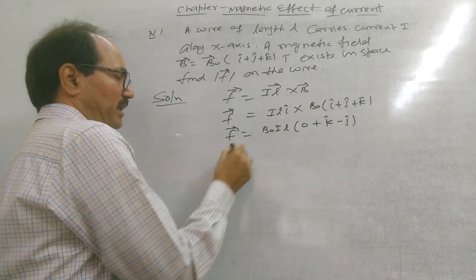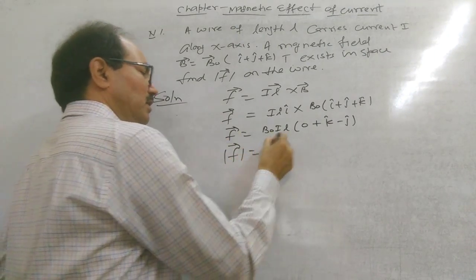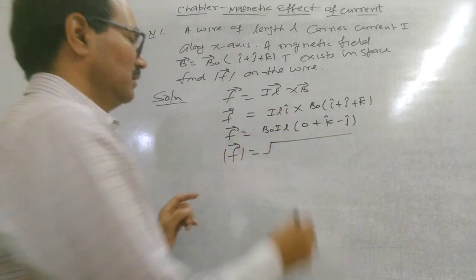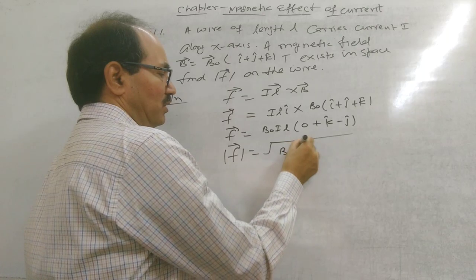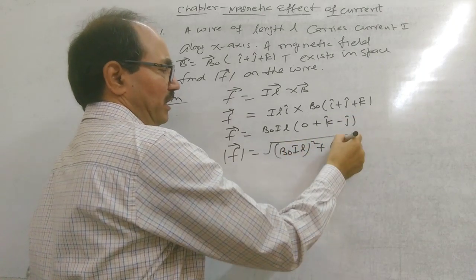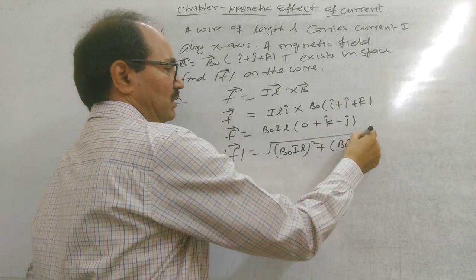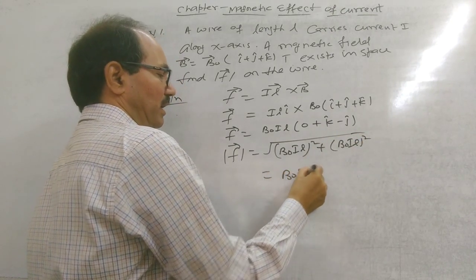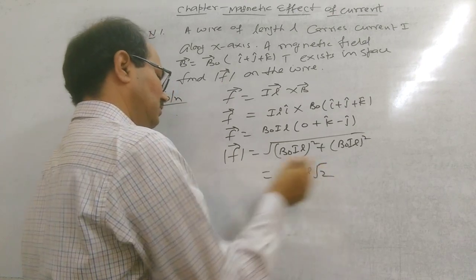Therefore magnitude of this force is equal to square root of coefficient of K, this coefficient of K is B naught IL square, and the coefficient of J is also same, तो this is equal to B naught IL root of 2.